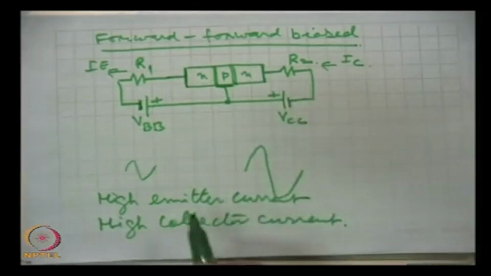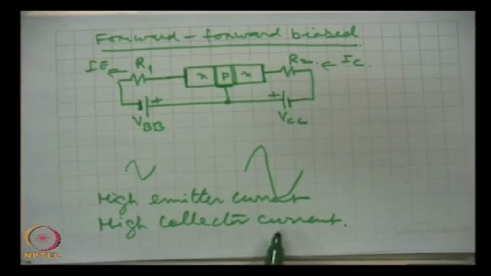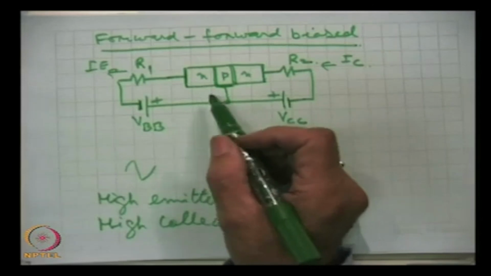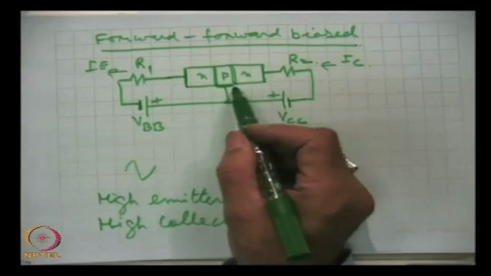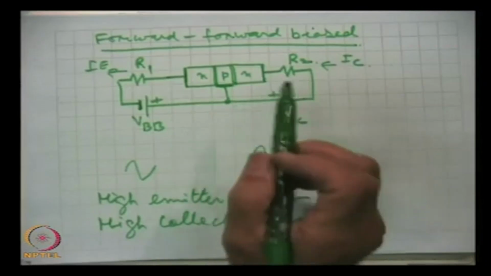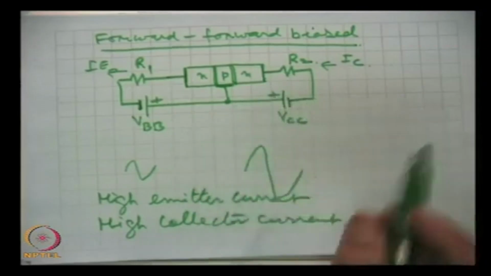So, in spite of the fact that high emitter current and high collector current flow in this circuit, with the emitter junction forward biased and the collector junction forward biased, the two currents are almost, this is important, almost independent.